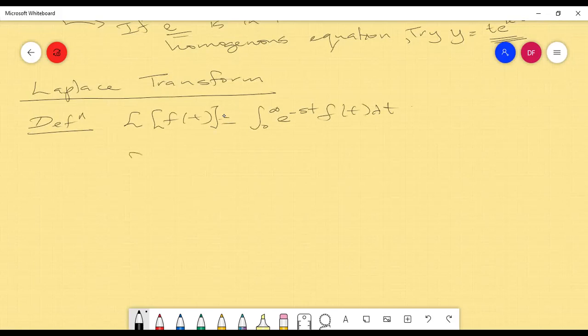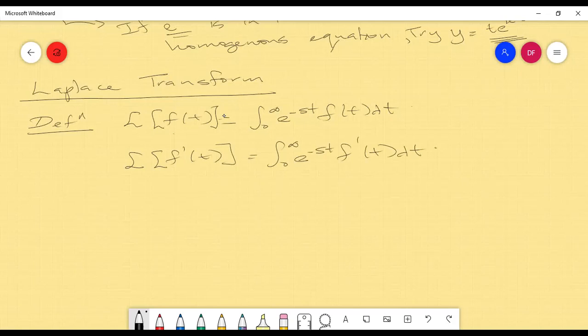If I have the derivative of a function, then that is the integral between 0 and infinity of e to the minus st f prime of t dt. Replace f of t by f prime of t.